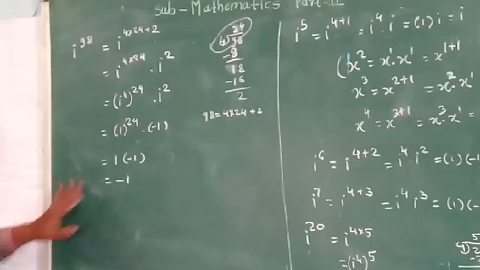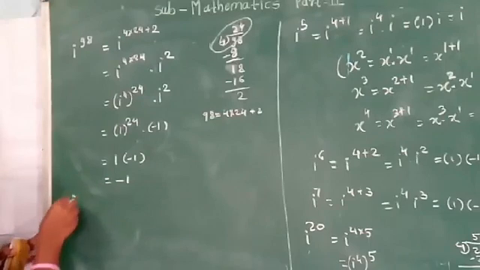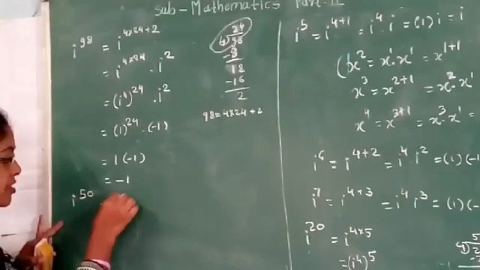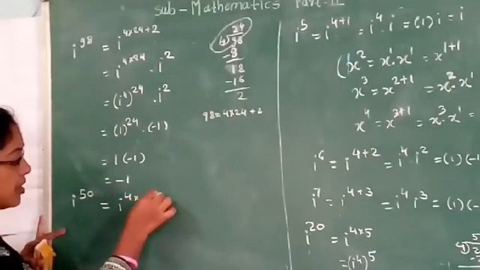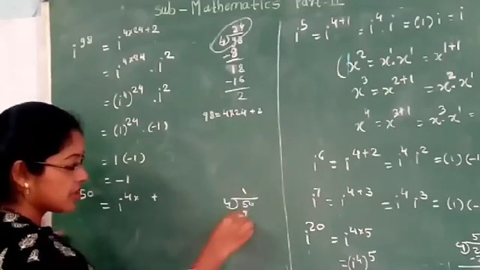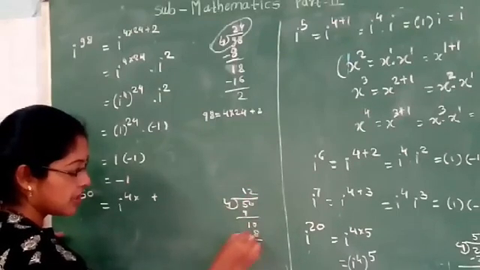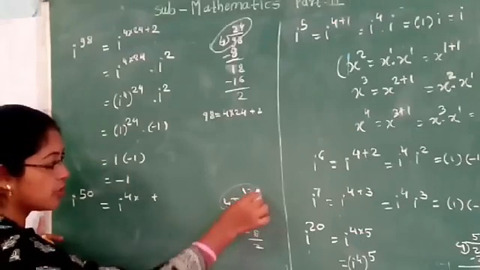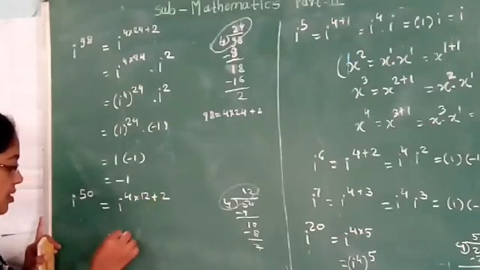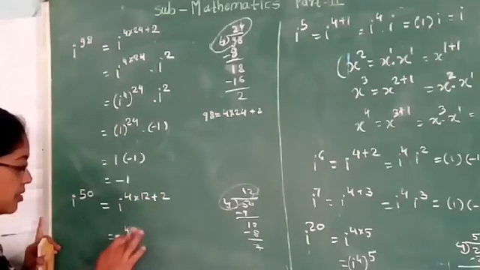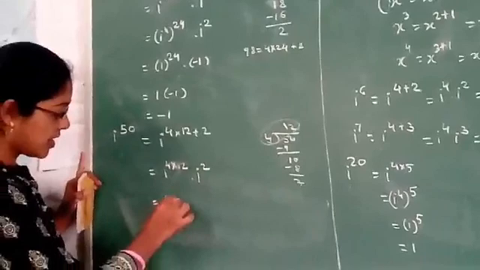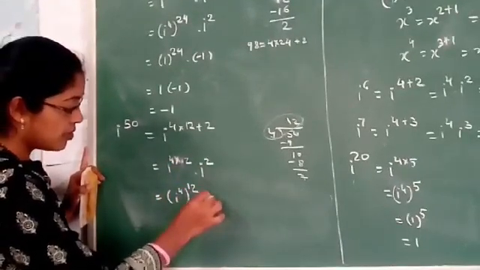Now the next example we take from the textbook. i raised to 50. How will we split 50? 4 into something plus remainder. So 50 divided by 4, the remainder is 2. So 4 into 12 plus 2. So we split it: i raised to 4 into 12 into i square.